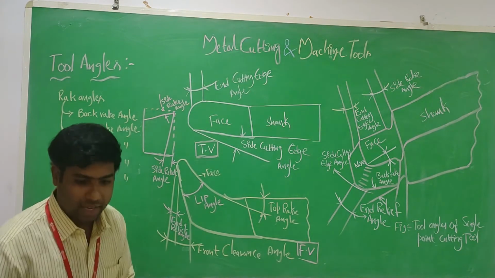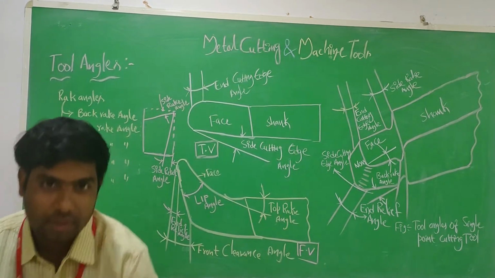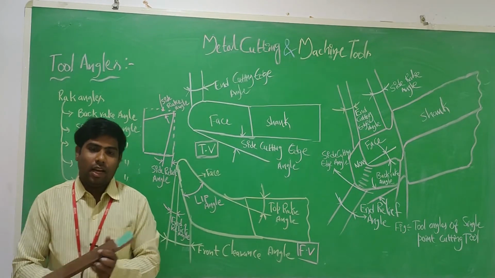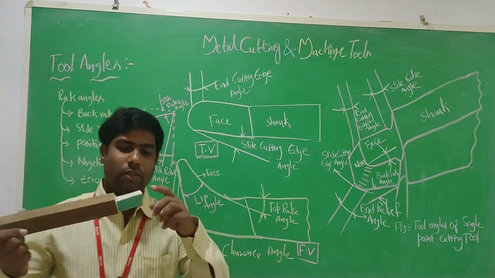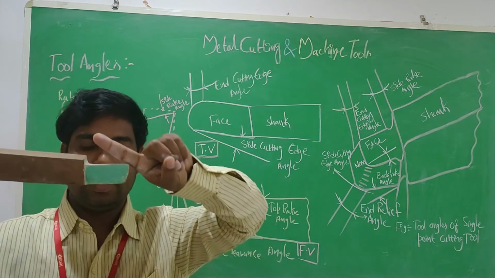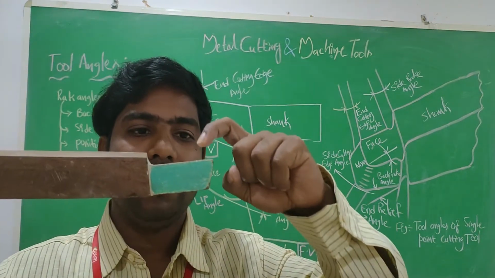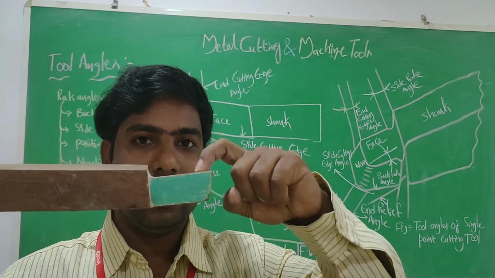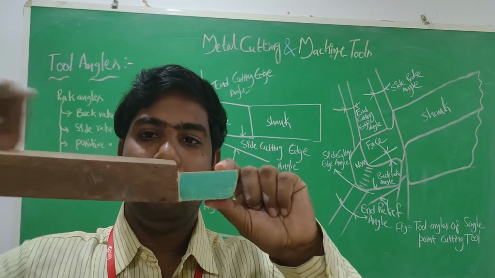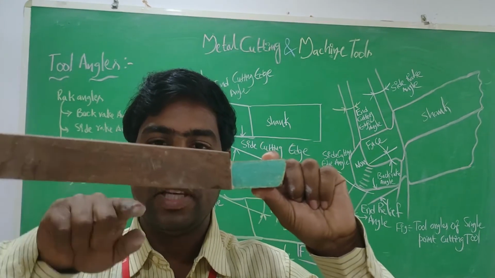Sir, what is a rake angle? Rake angle means it is the angle, so this is the rake angle. The angle plotted between the face of the tool and a plane parallel to the base of the tool.